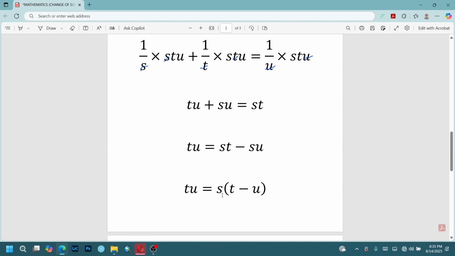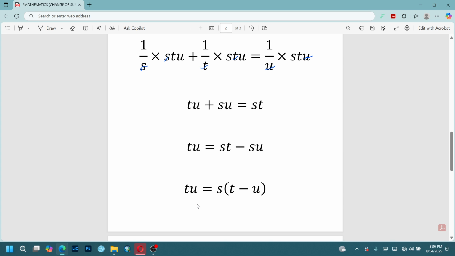But it is not yet done because s here is not really on its own. It is multiplying another set of variables, which is t minus u. So in order to make s stand alone, for it to become the subject of the relation, we have to cancel out with t minus u. And whatever you do for the right hand side, you do the same for the left hand side.